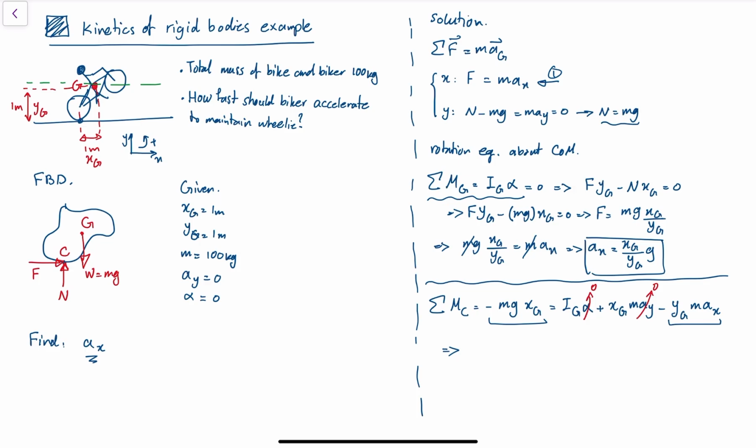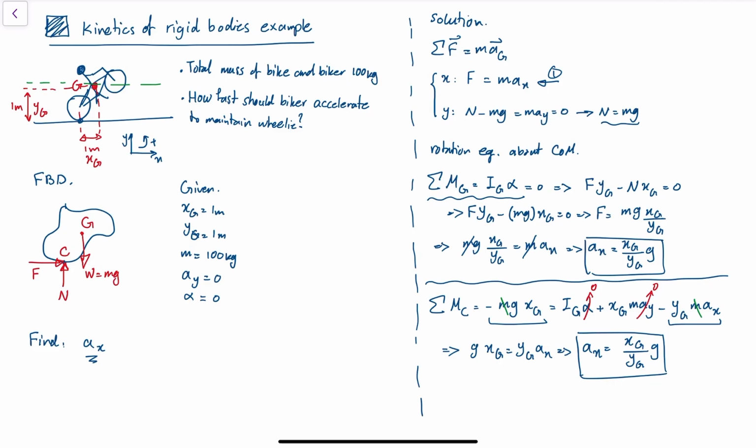The minus signs cancel out, and the m's cancel out. That's nice. Okay. So I have g xg equals yg ax, or ax is the same solution, xg over yg times g. So a fraction of gravitational acceleration.